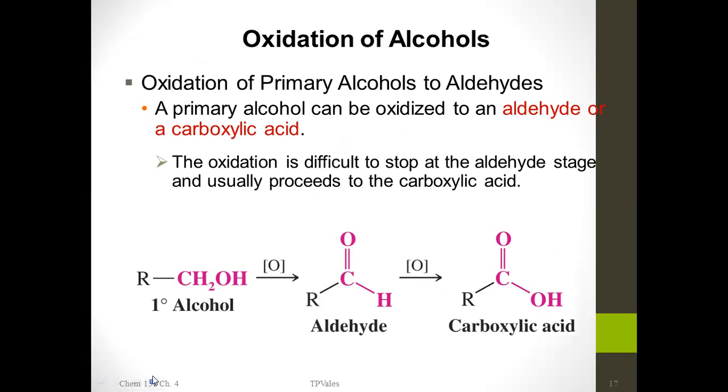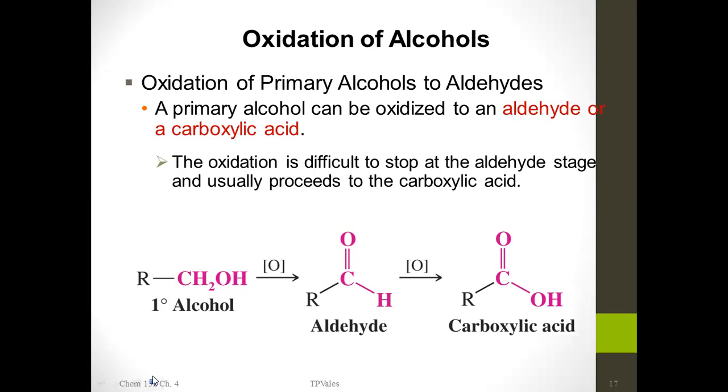So similarly, since we can prepare our alcohols from an aldehyde, the reverse can also be true. From the reduction of aldehydes, ketones, carboxylic acids, and esters to alcohol, we can also do the oxidation process of alcohol to a higher oxidized form like aldehyde or carboxylic acid.